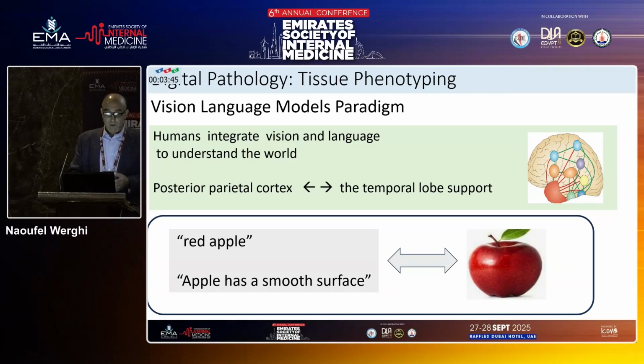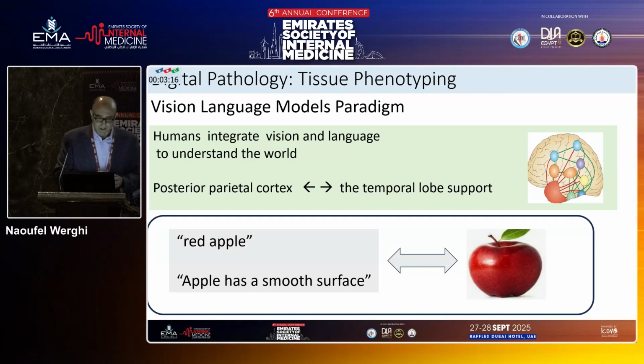The idea comes from the fact that when we learn some information about an object from an image, at the same time we acquire some textual description about the image. For example, here is an image of an apple, but we can also say that it is a red apple with a smooth surface. So our brain gets these two pieces of information, and also the association between the text representation and the image representation.